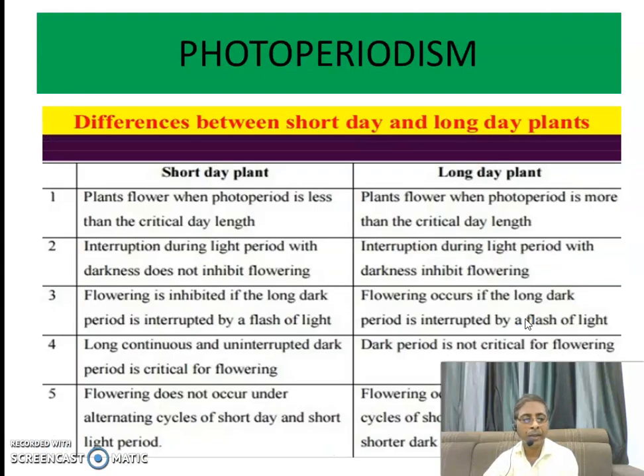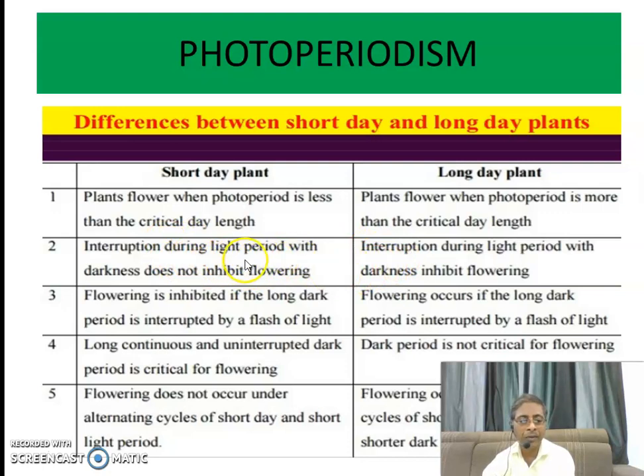Now, what are the differences between short day plants and long day plants? Short day plants flower when the photoperiod is less than the critical day length, and long day plants flower when the photoperiod is more than the critical day length.